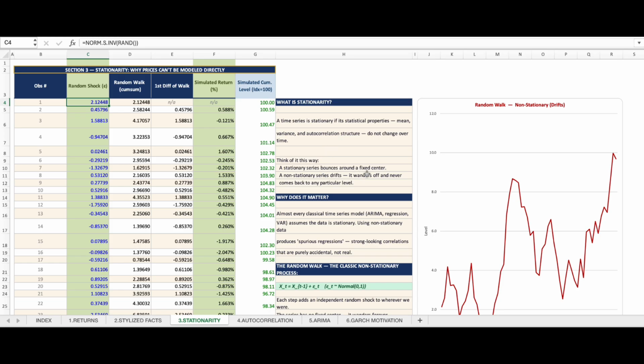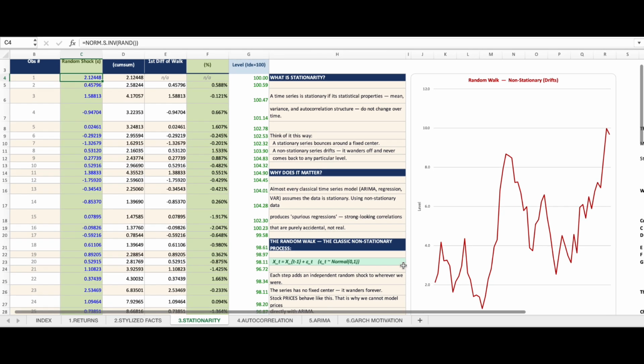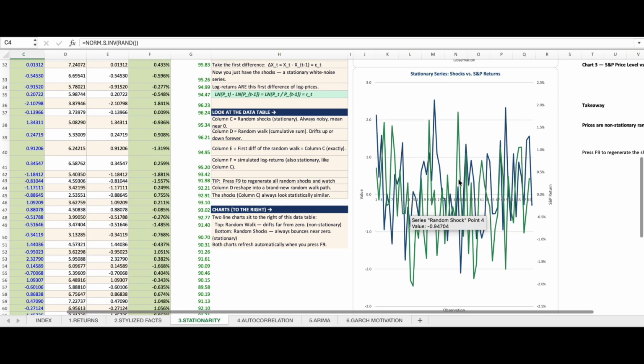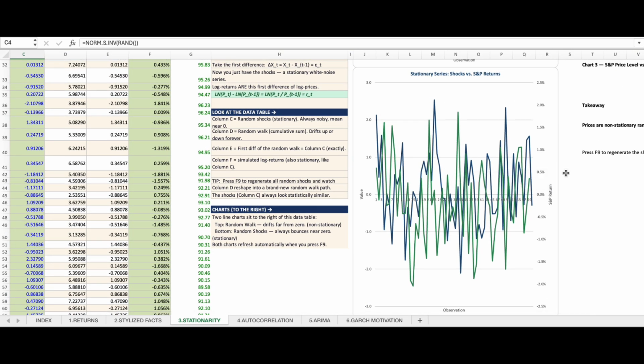So think of a stationary time series as bouncing around a fixed center. Suppose you cut the series in half and computed the average of each half, you would get approximately the same number. The series has a home base it keeps returning to.